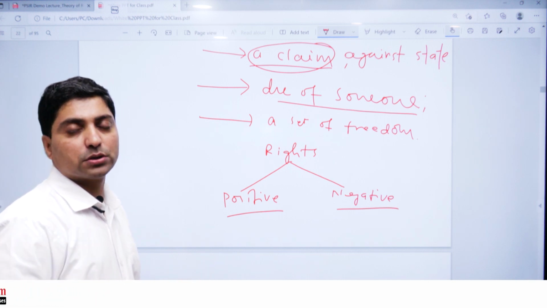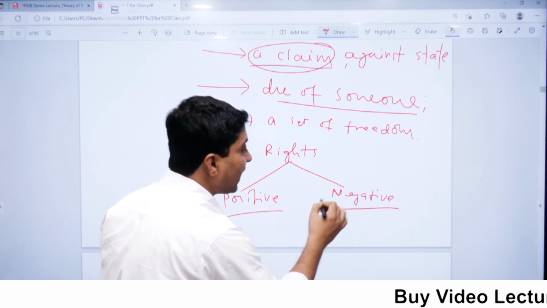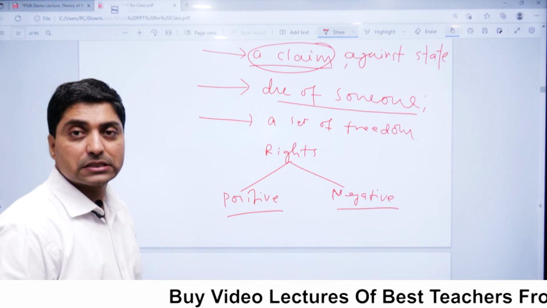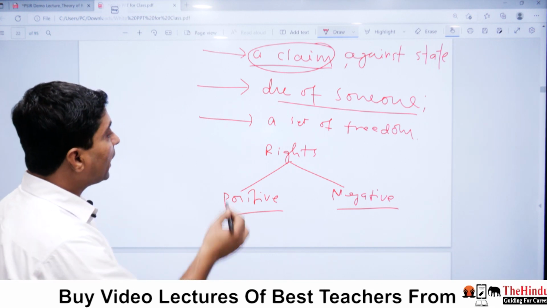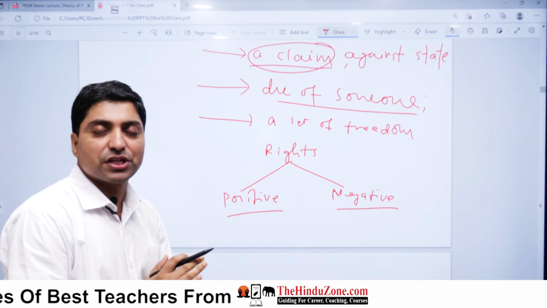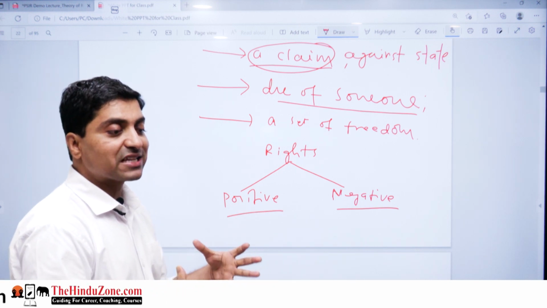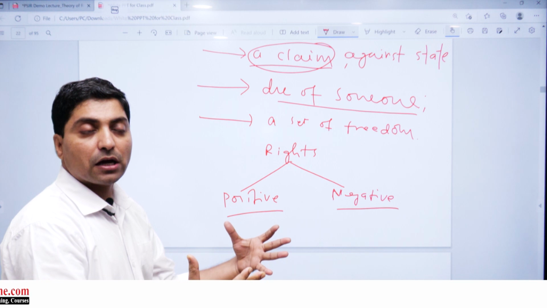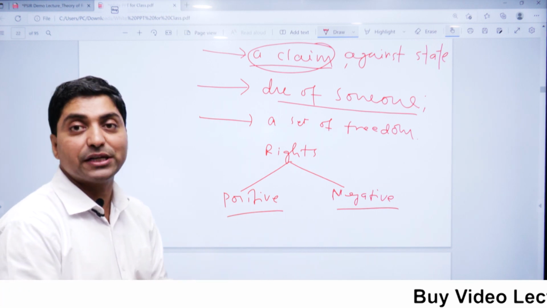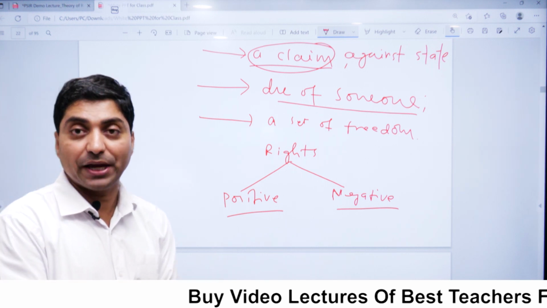Better if we talk about it later, but let me talk briefly and then I will come again to this classification. I told you that rights evolved in the 17th and 18th century as someone's claim. That claim should not be violated. For example, I have right to life, and my right to life should not be taken away by anyone.